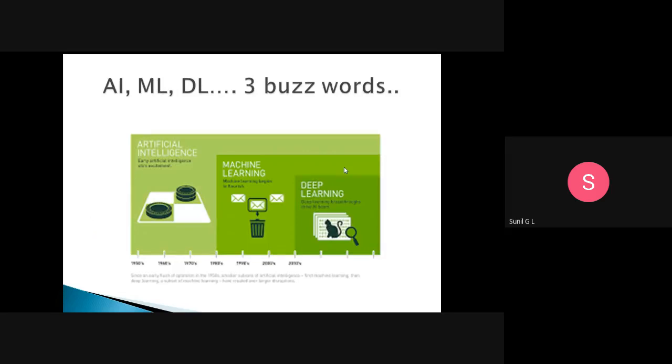You have heard these three buzzwords: artificial intelligence, machine learning, deep learning. These are all buzzwords. Artificial intelligence existed in the 1950s and 60s only, but nowadays it is exploding. Why nowadays?